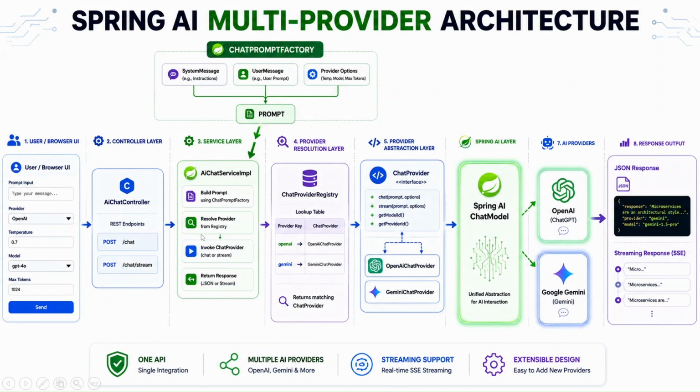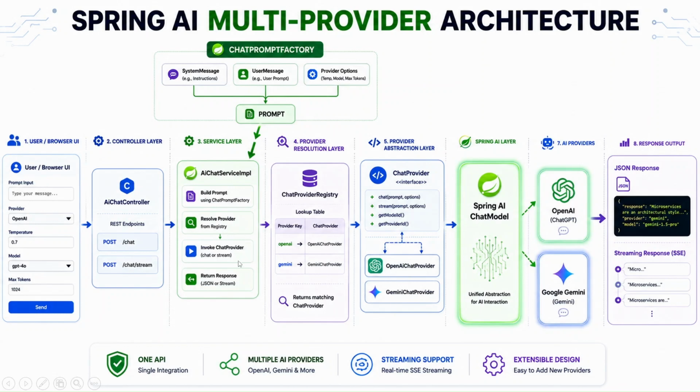Now inside the service layer, what we are doing, we are using chat provider registry. All right, to chat provider registry we are using to get the chat provider. For example, let's say Gemini, so it will return us this Gemini class.